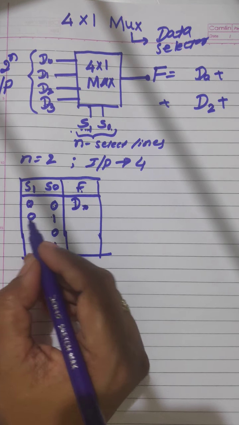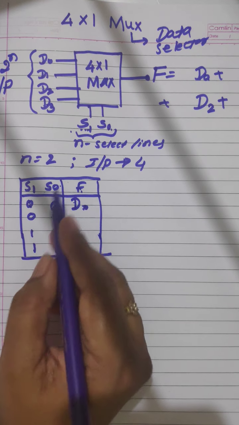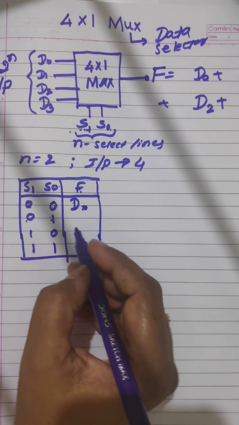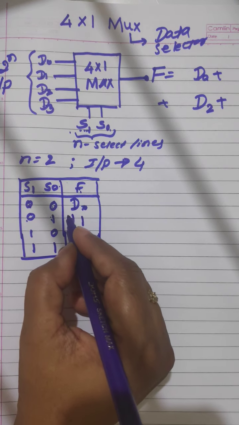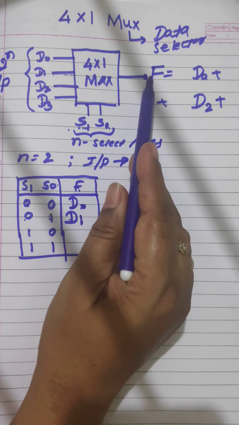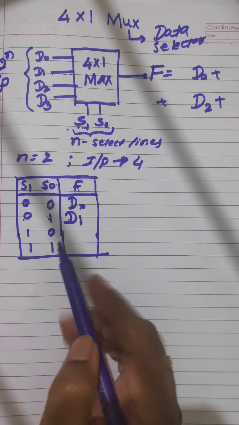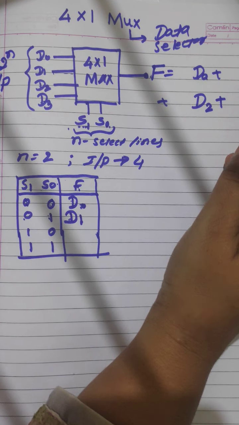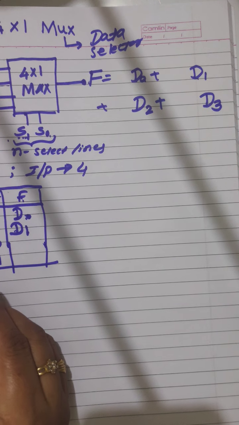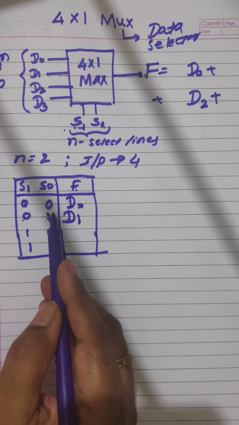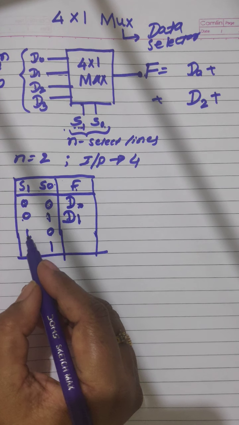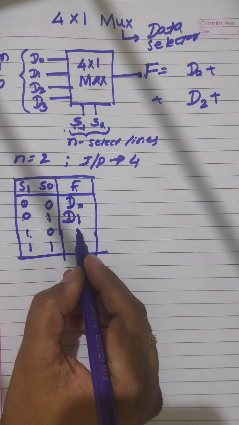Similarly, when S1, S0 are 0, 1, the decimal equivalent is 1. That is the D1 input, which will come at the output, if S1 is 0 and S0 is 1. 1, 0 means the decimal equivalent is 2.